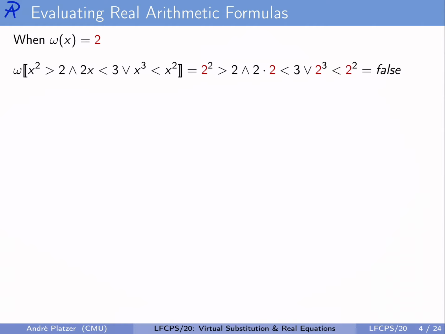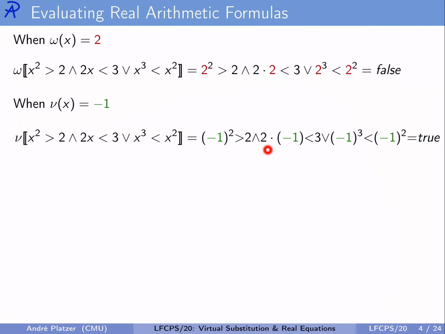But what if we had chosen a state nu with a different value for the variable x, namely the value -1? Well, in that case, evaluating the exact same real arithmetic formula in that state nu would have led us to -1 plugged in everywhere for x, and that then evaluates to true.